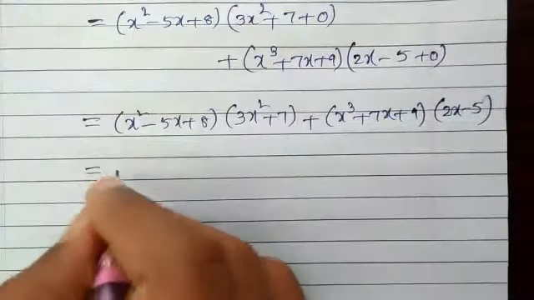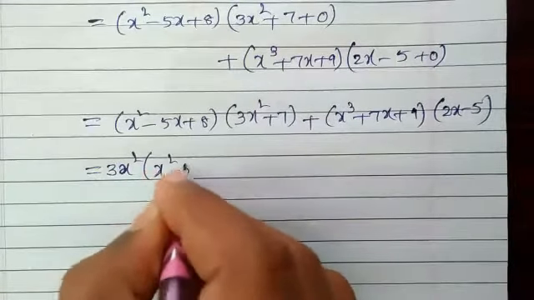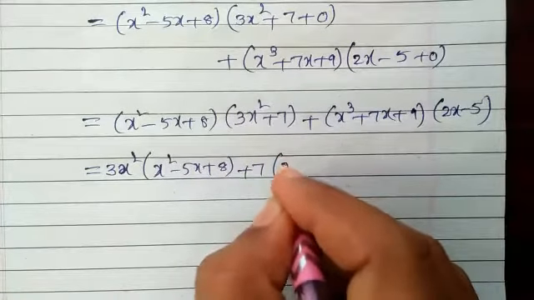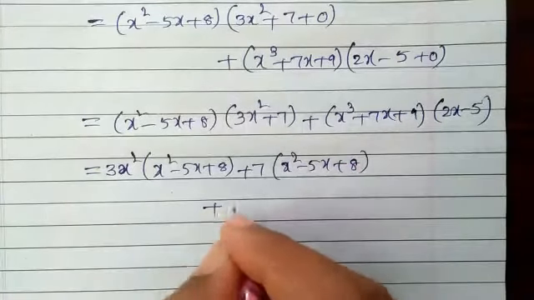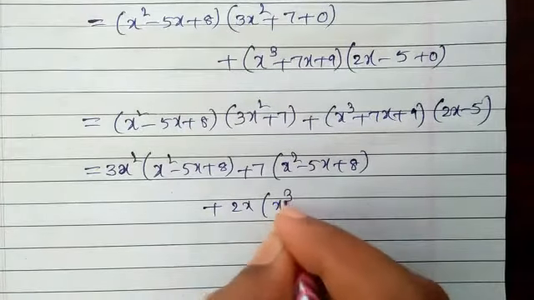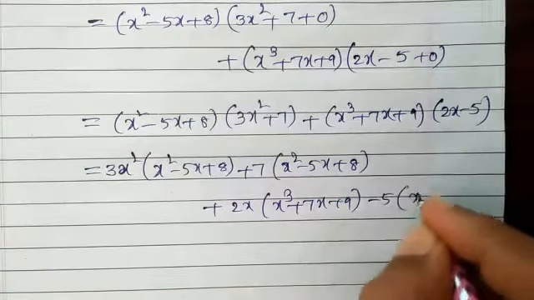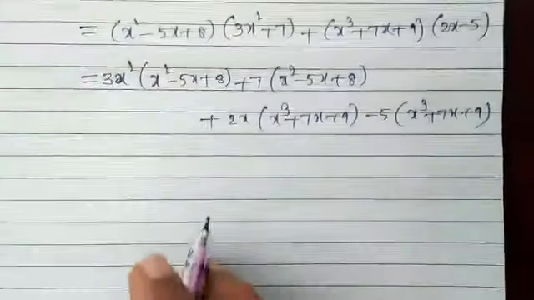Multiply means you just write like this: 3x square into x square minus 5x plus 8 plus 7 into x square minus 5x plus 8 plus 2x into x cube plus 7x plus 9 and minus 5 into x cube plus 7x plus 9.